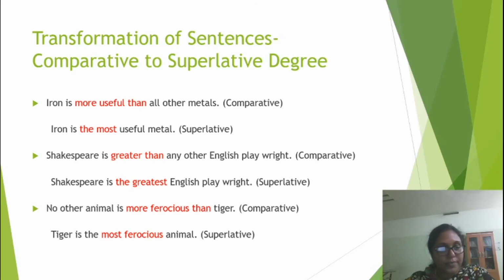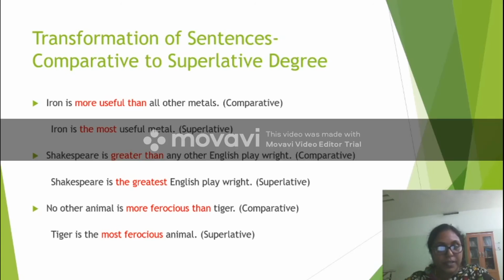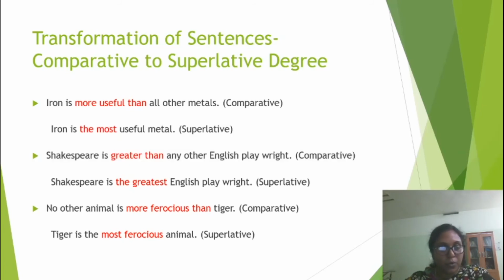The word ferocious means frightening. We can change this sentence into the superlative by adding the most ferocious. Ferocious is a polysyllabic word, so we form the superlative by adding most.